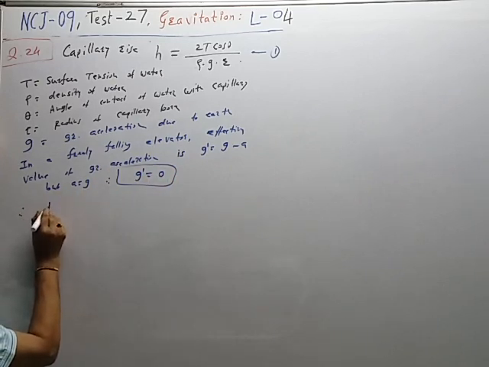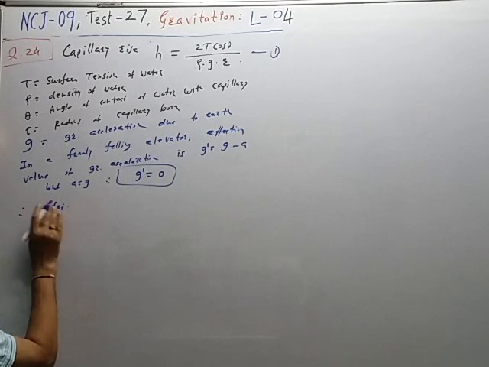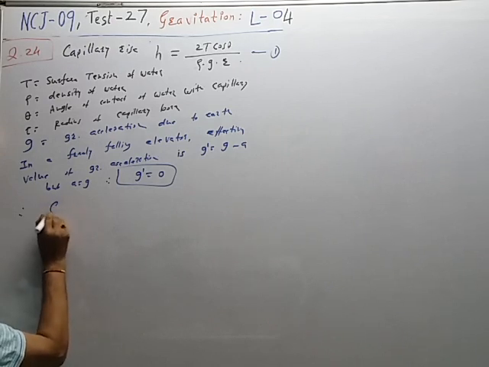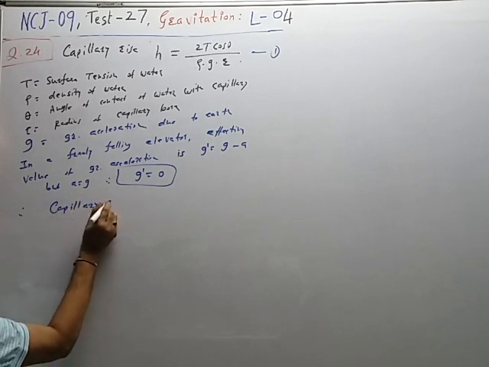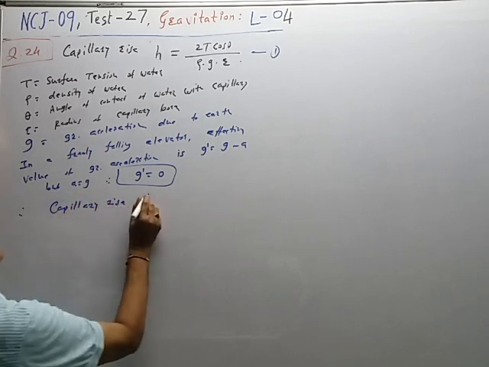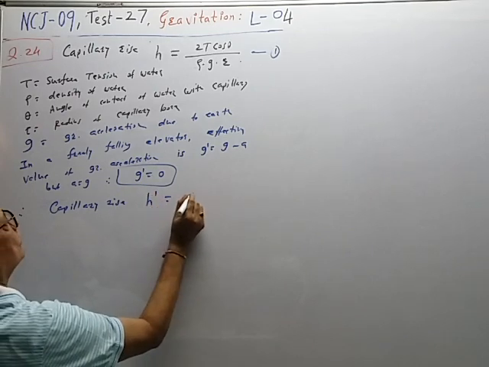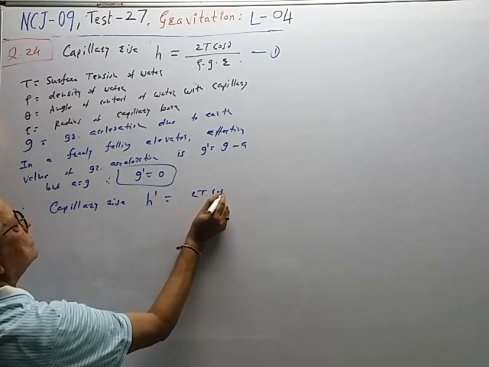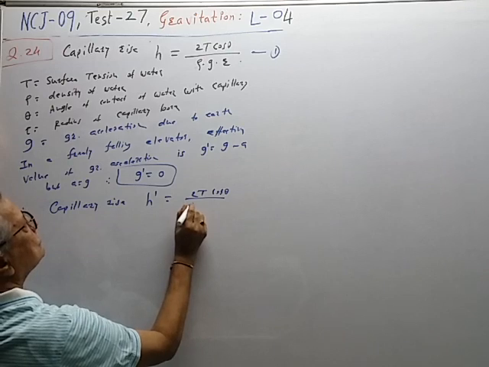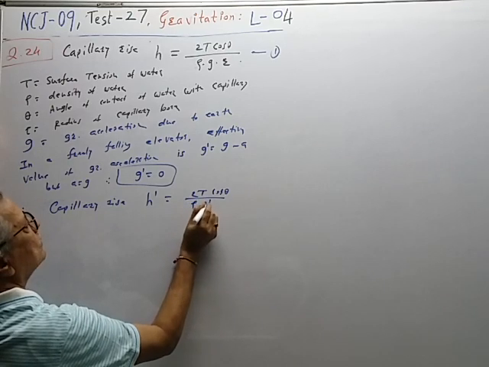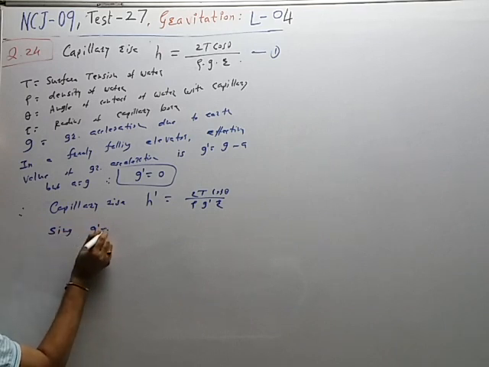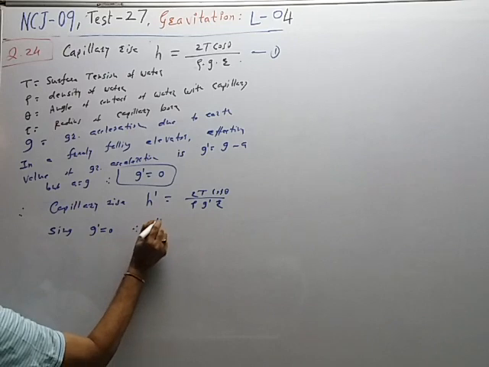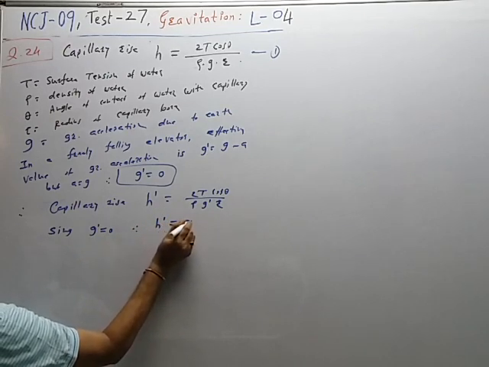Therefore capillary rise h dash is equal to 2T cos theta upon rho g dash r. Since g dash is equal to 0, therefore h dash is equal to infinity.